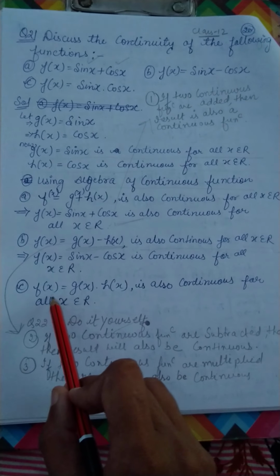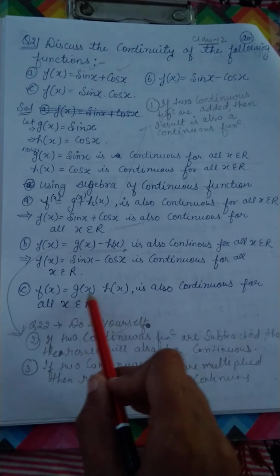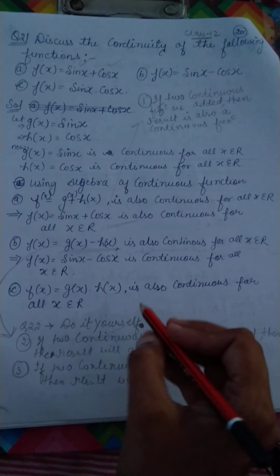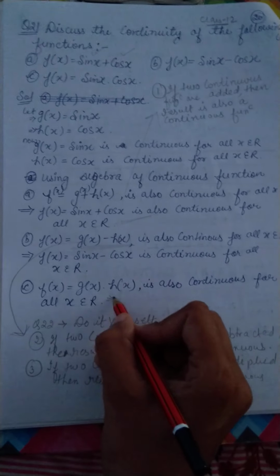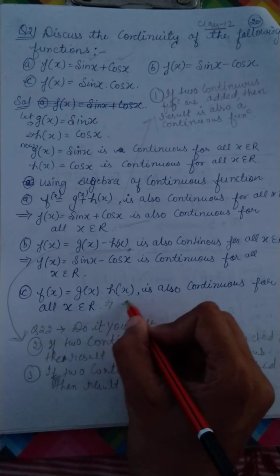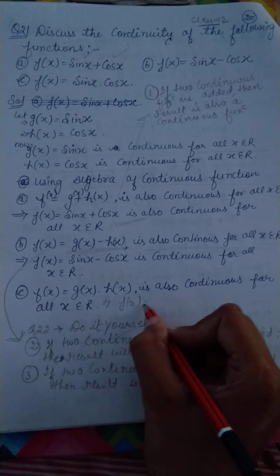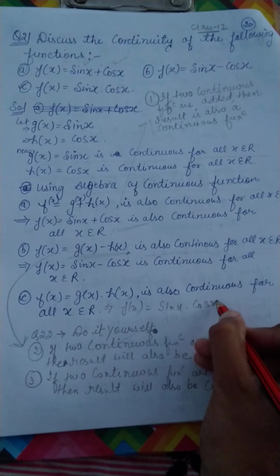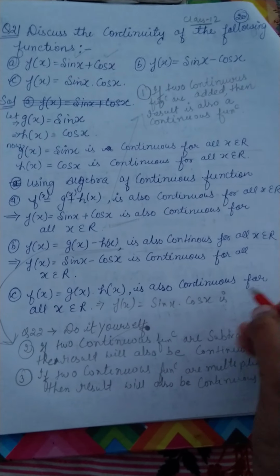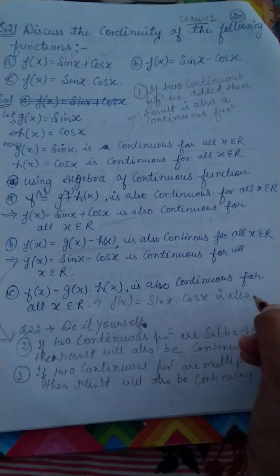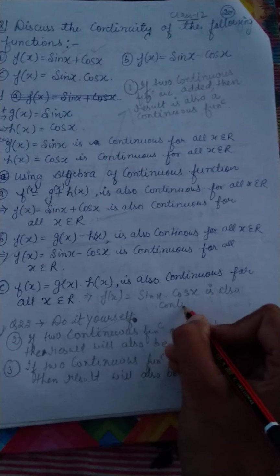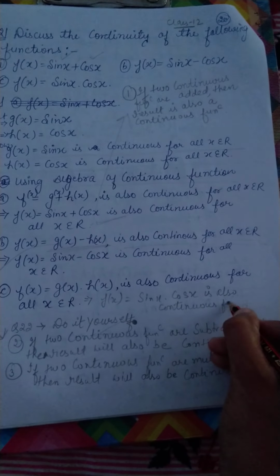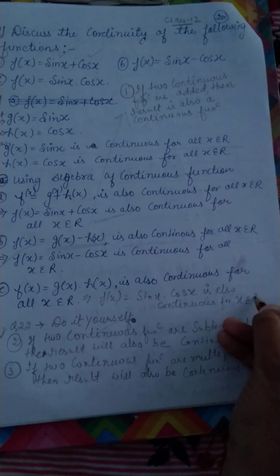And finally, at the third part, your g(x) into h(x) will also be continuous, and it will mean that your f(x) is equal to sin x into cos x is also continuous for x belong to R.